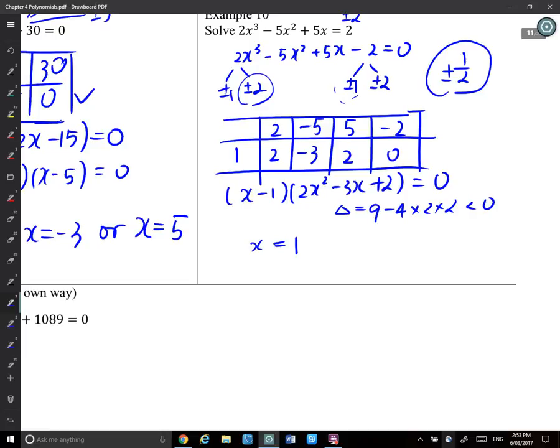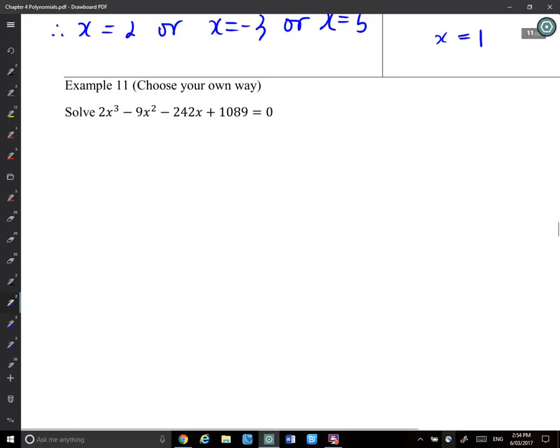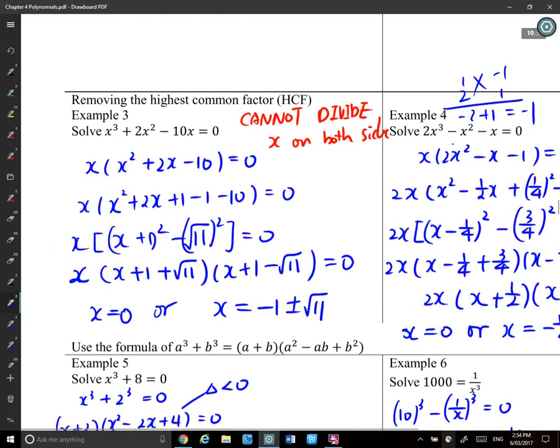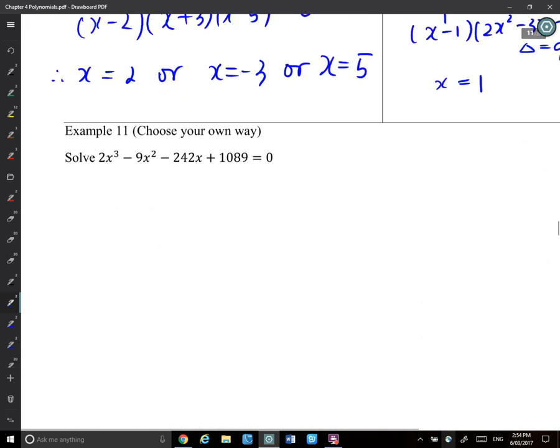But at least try something, try different methods and see which one is suitable for you, which is the best one. Okay, for example 11, choose your own way to do this. I'm not classifying that into a particular type. So we have all the above types.